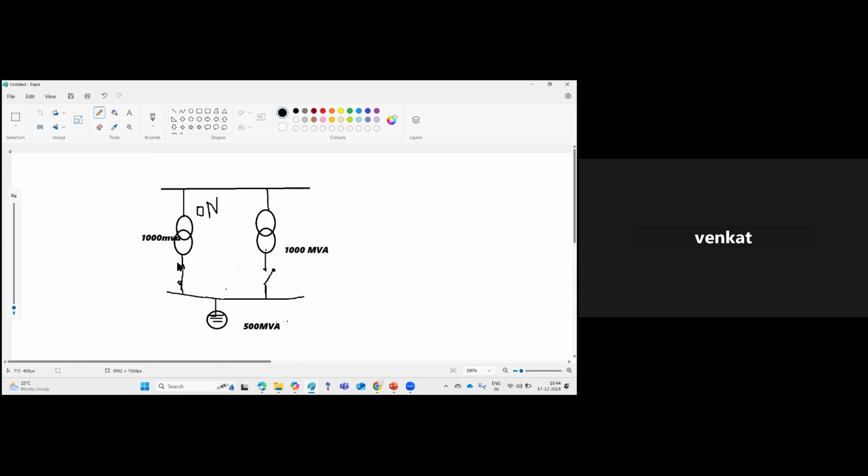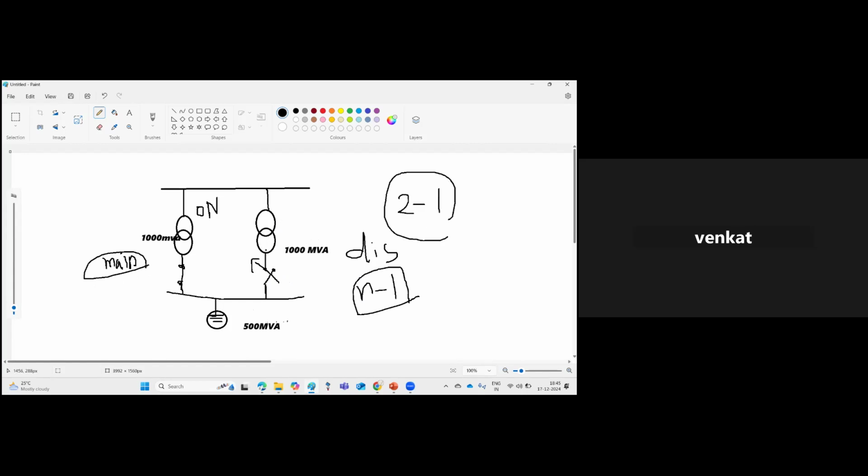Now this transformer is going for maintenance. This transformer is taken for maintenance, which means I will close the switch and this 1000 MVA will continue to supply 500 MVA without any disturbance. This is n-1 contingency. So I have two transformers, and in normal operation I will be operating with only one transformer.